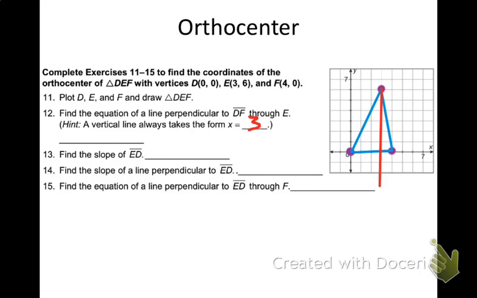Next says find the slope of ED. Here was D, E, F. So here's ED right there. What's the slope of ED going to be?